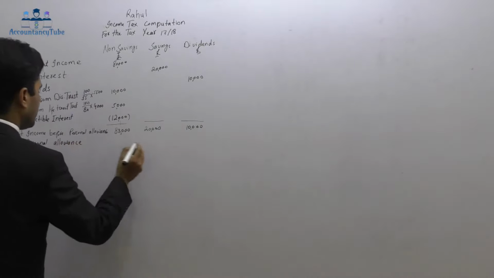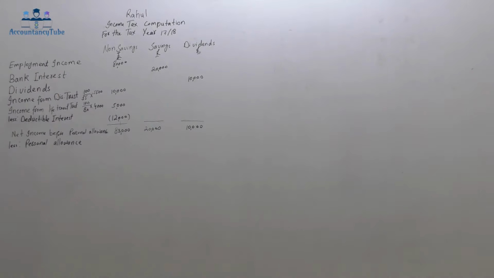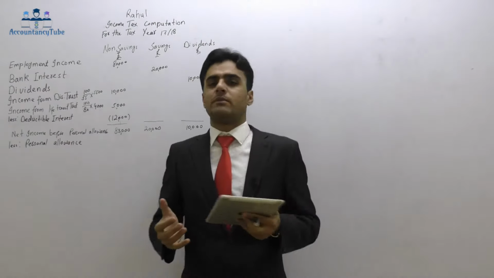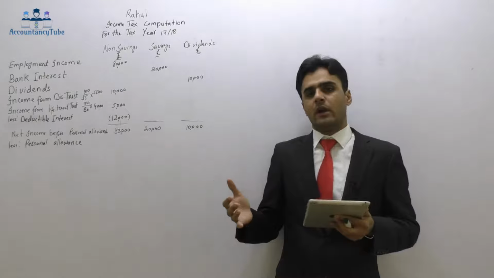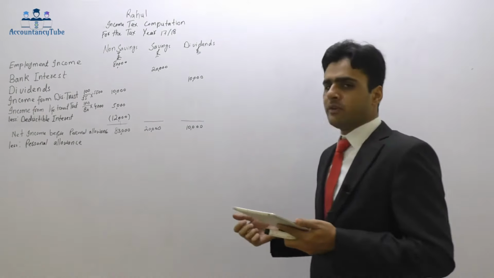Now how much is the personal allowance for our current tax year? It is £11,500. First it will be deducted out of the non-savings income, then from the savings income, and finally from the dividend income. Now before we deduct it, we know that personal allowance might be reduced depending on the adjusted net income.